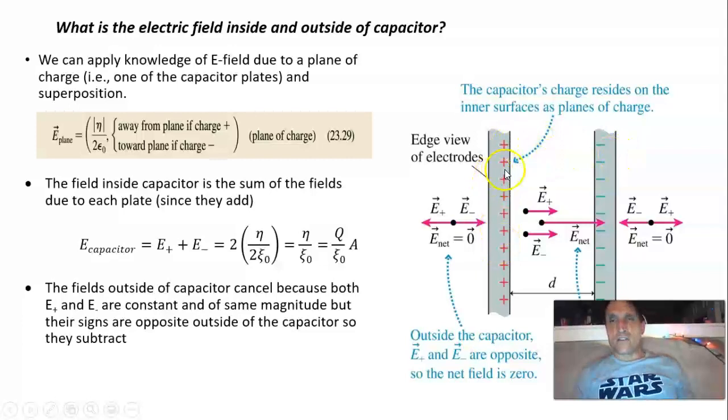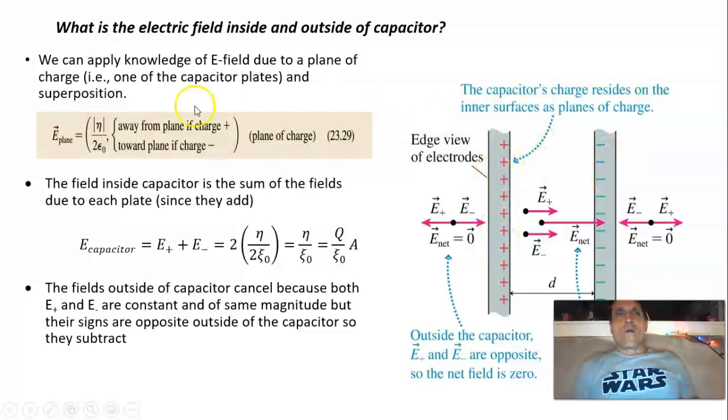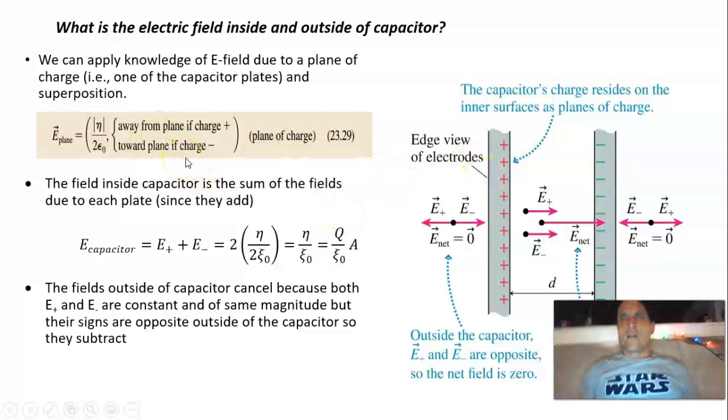One is positively charged and one is negatively charged. And we already have the solution here for the electric field of a single plane. It's equal to the charge per area, the magnitude, over 2 epsilon naught. And if it's a positively charged plane, it points away from the plane. And if it's a negatively charged plane, it points toward the plane.